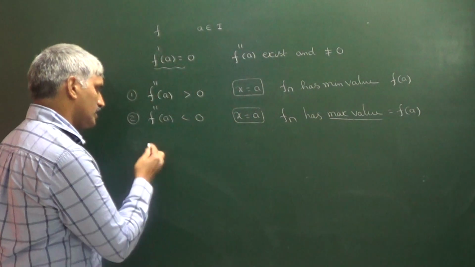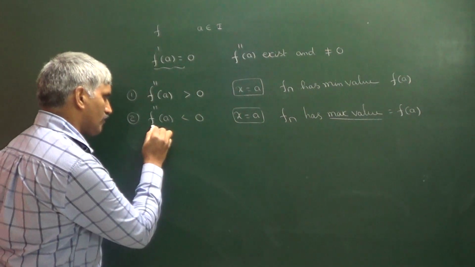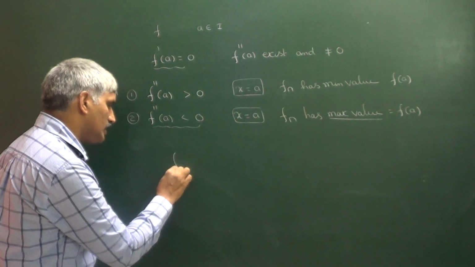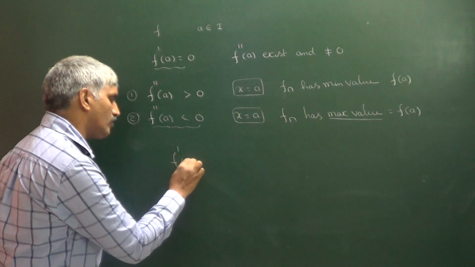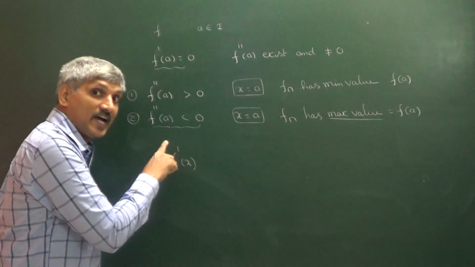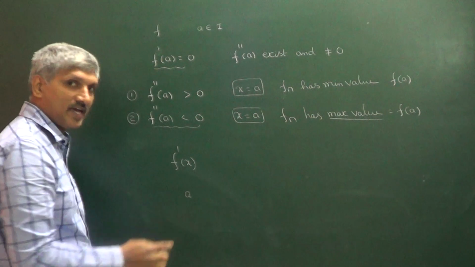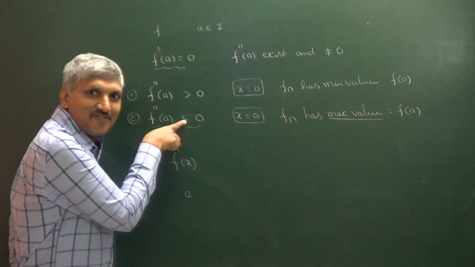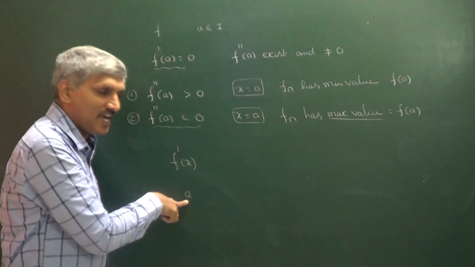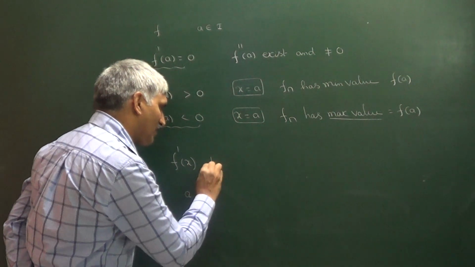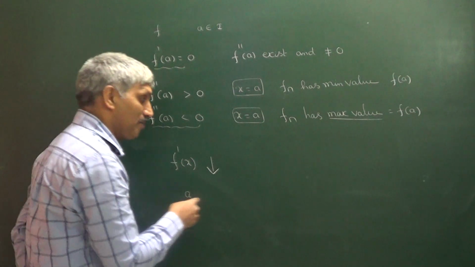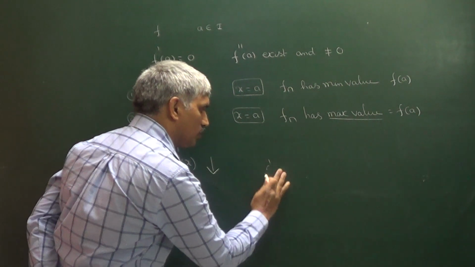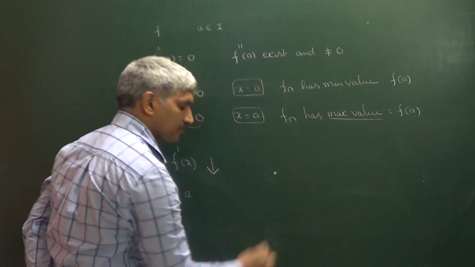So observe here, same discussion again, f double dash of a less than 0. f double dash of a less than 0 means what can you say about the function f dash of x in the neighborhood of a? f dash of x is a decreasing function in the neighborhood of a, but we have the information f dash of a value is equal to 0.